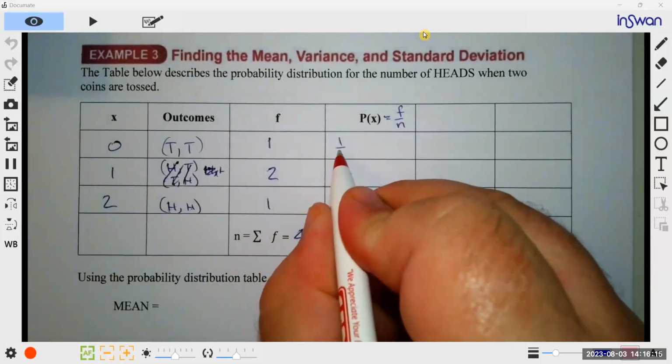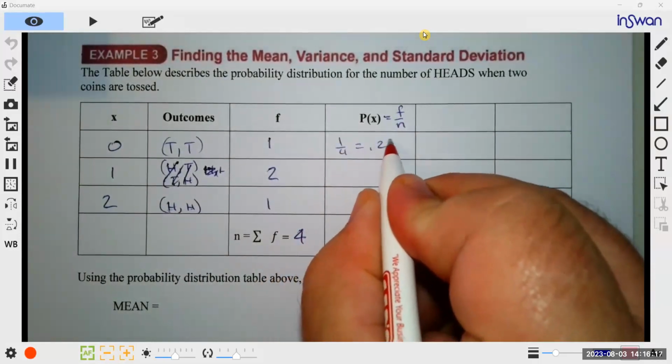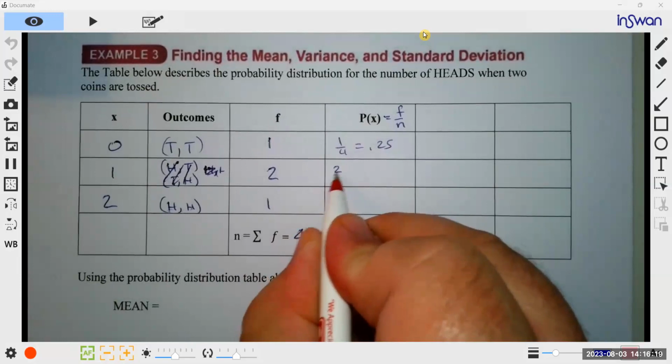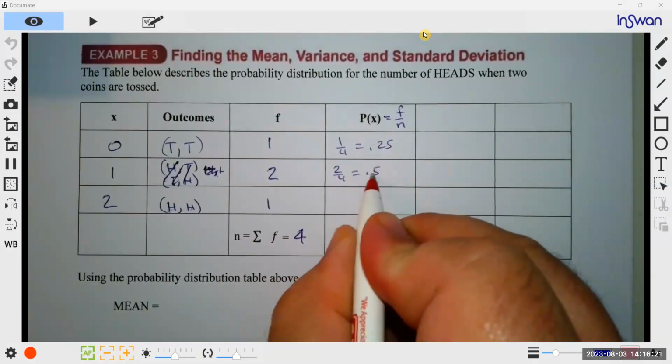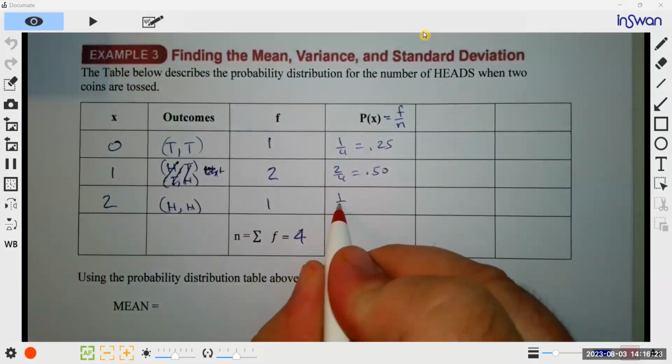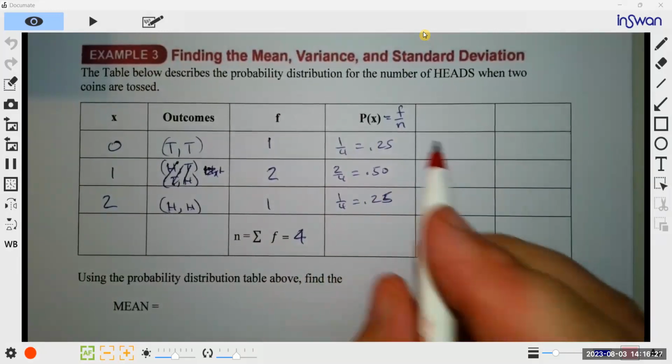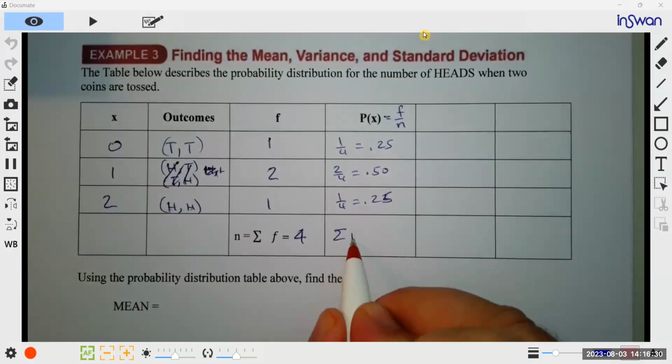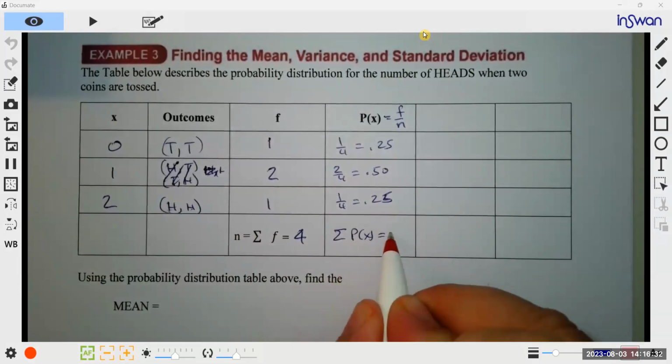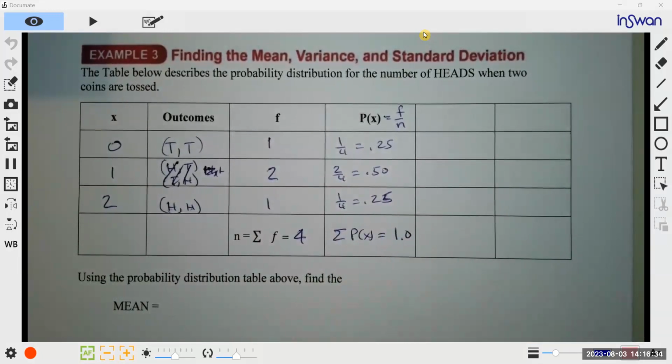So 1 over 4 is 0.25, 2 over 4 is 0.50, 1 over 4 is 0.25. The summation of all your probabilities has to equal 1, and it does.